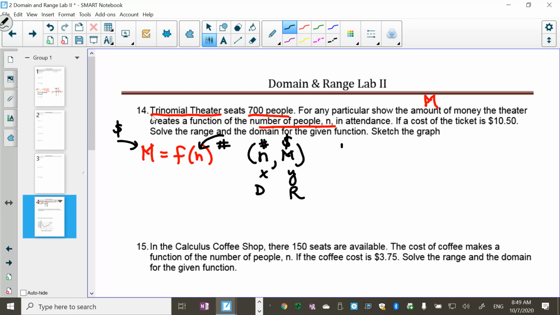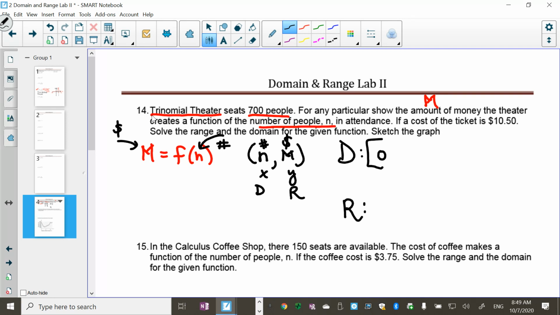So let's do the domain. Let's do the range. The domain we just noticed is the number of people. So I have to figure out, okay, I'm talking the number of people in the movie theater. And remember, this is a movie theater, so I can't have negative people in there, but I could have nobody come to the movie theater, a 0. I could have nobody show up.